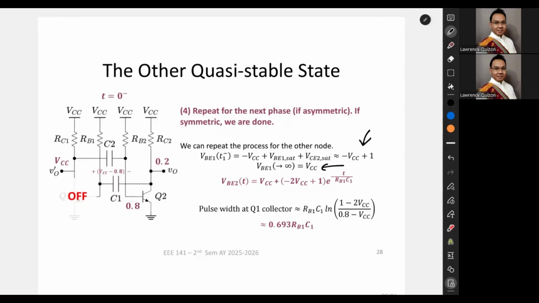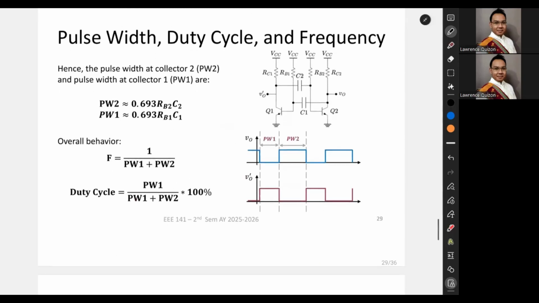It tries to charge up to VCC, and the time constant instead is RB1 C1. Okay? Which gives us the pulse width at Q1 collector would be RB1 C1 ln, and this would also be approximated by 0.693 RB1 C1. So finally, we have these.